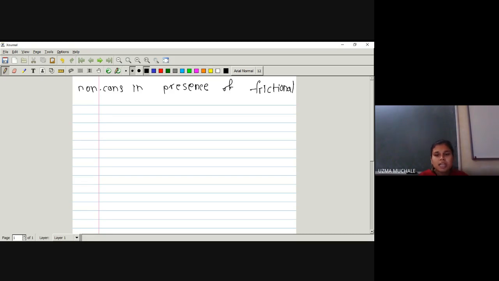These kinds of forces we call frictional forces. Suppose you are climbing hills, at that time you need more force. Why? Because that is due to friction, that frictional force happening because the road is rough.